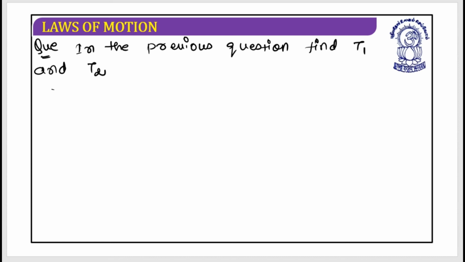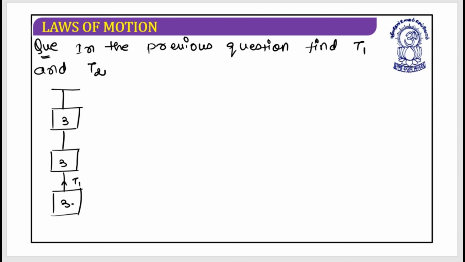The situation is this: this is a 3 kg block, and you needed to find out T1. You already did it. Now here it's T2 and here it's T3. So you have found T1. Now you need to calculate T3 and T2.